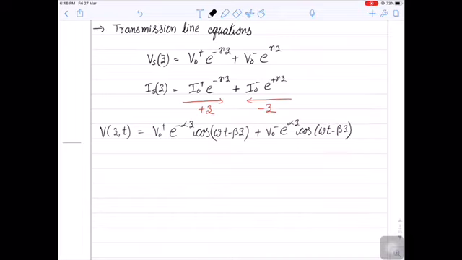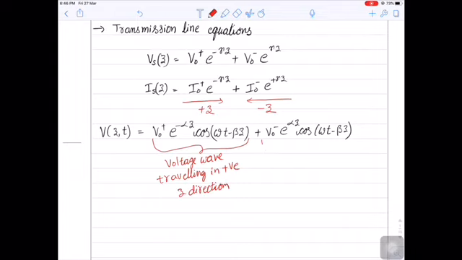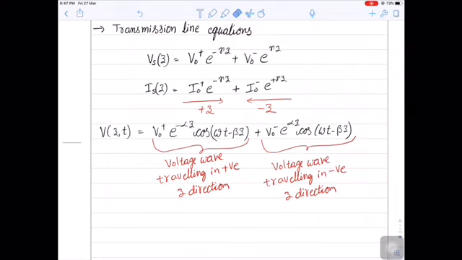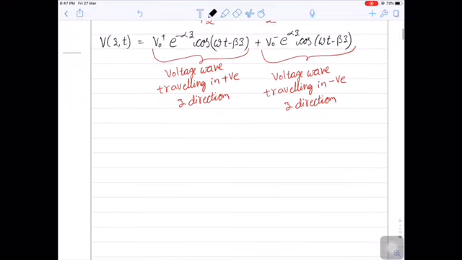In this expression, the first term represents the voltage wave traveling in the positive z direction, whereas the second term represents the voltage wave traveling in the negative z direction. Similarly, you can write the equation for the current wave also.